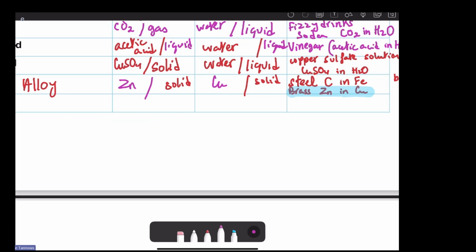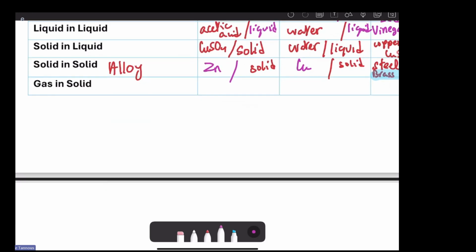Liquid in solid, and this is the amalgam, the one that we put in dental filling.